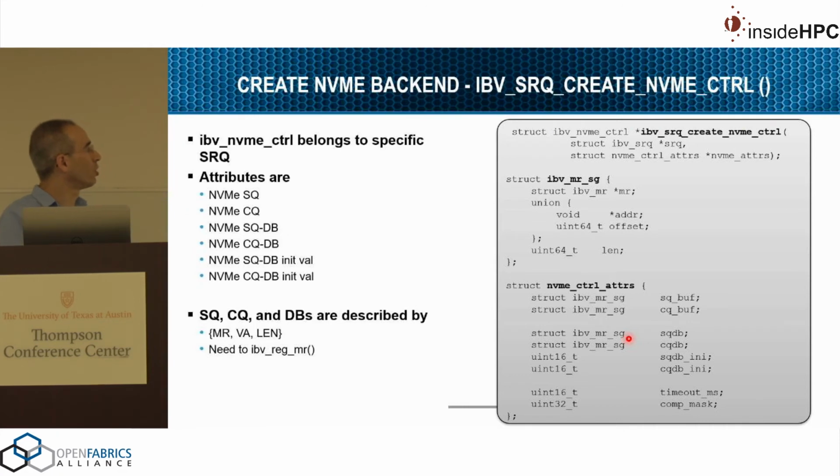This is the creation of the controller object, create NVMe controller. We can see here that the attributes are the actual addresses of the I/O queues, the submission queue, the completion queue, and their corresponding doorbells. The actual addresses are maintained in that object. So we fetch those; if it's SPDK that is managing the actual NVMe device, we get those details from the SPDK.